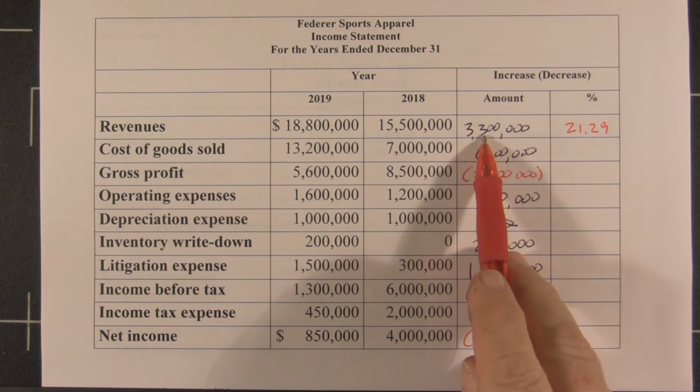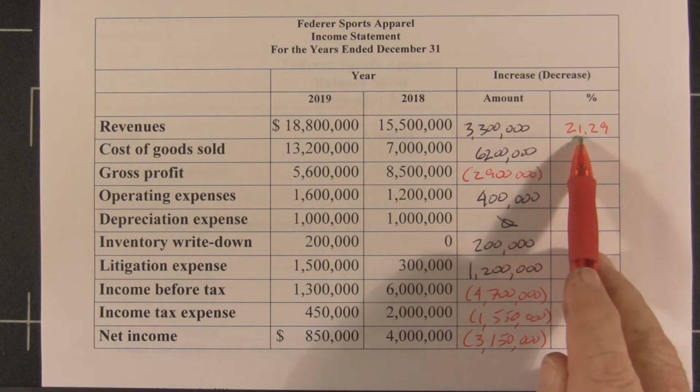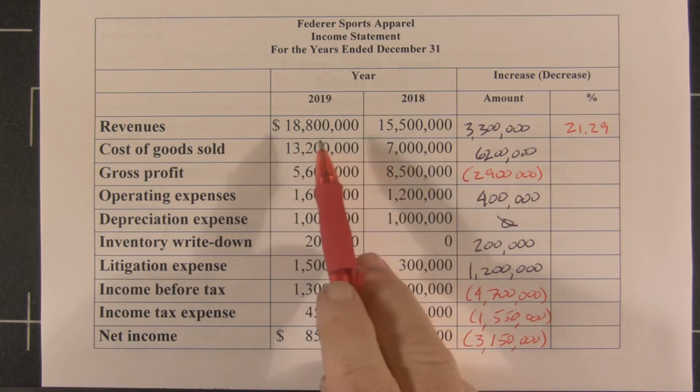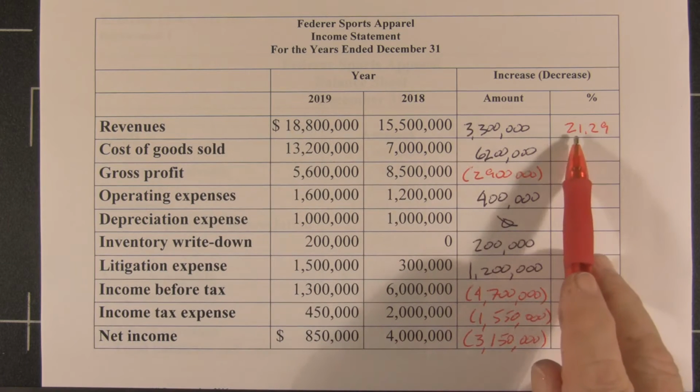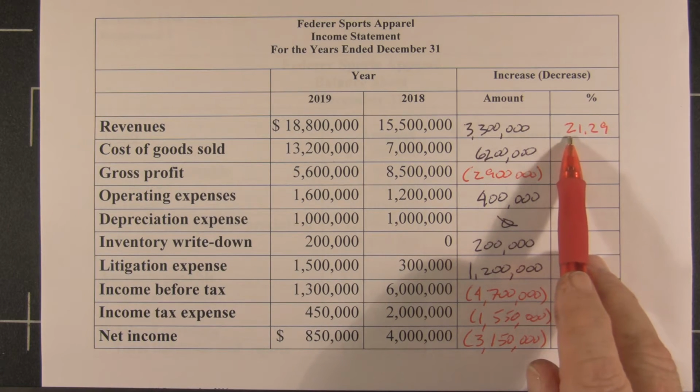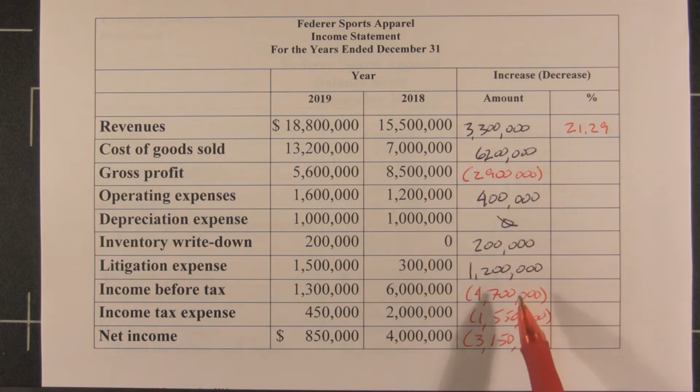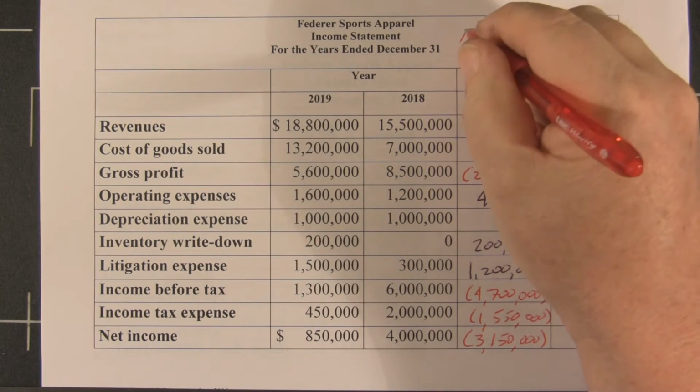So the 3,300,000 is a 21.29% increase in revenues. So my revenues of 18,800,000 have gone up 21.29%.